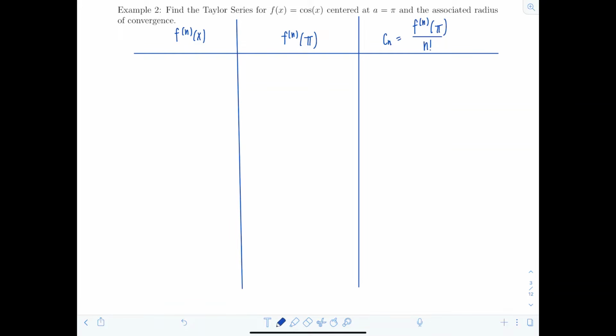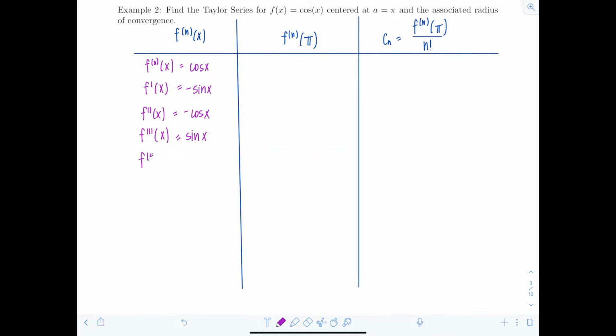Okay, I'm going to take about 6 derivatives, just in case you want to know how far to make your table. So the 0th derivative, or the original function, is cosine of x. First derivative is negative sine x. Second derivative, keep the negative, cosine x. Third derivative is sine x.